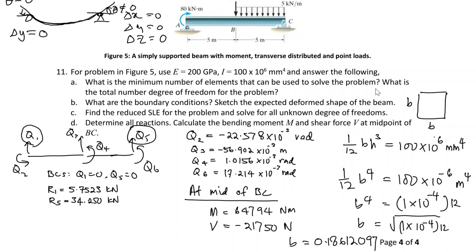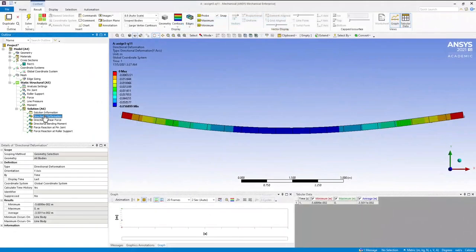So at least we know we got our shear correct. We got our reaction correct. We have our deflection almost correct. Let's see our deflection now with more elements and see what the value is at this point.